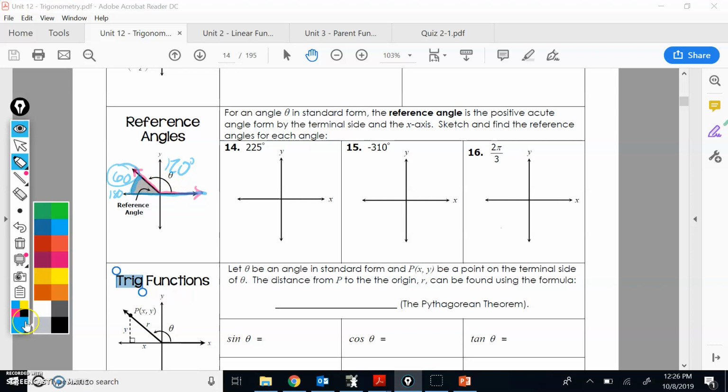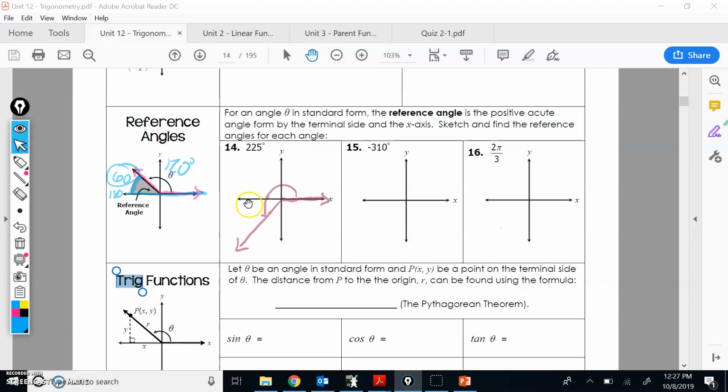Let's look at number 14. 225 starts, they all start on the x-axis. We go around to 180. How much more past 180 do we have to make? We have to make 45 more to get to 225. So it's right there. That's my angle going from the x-axis to 225.